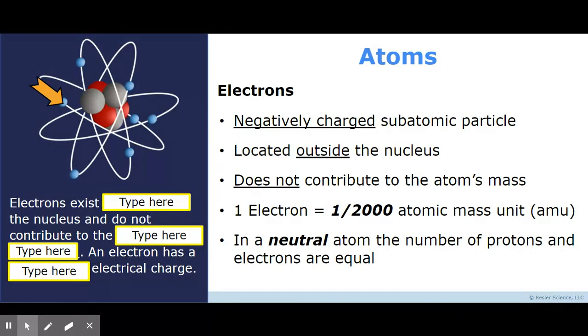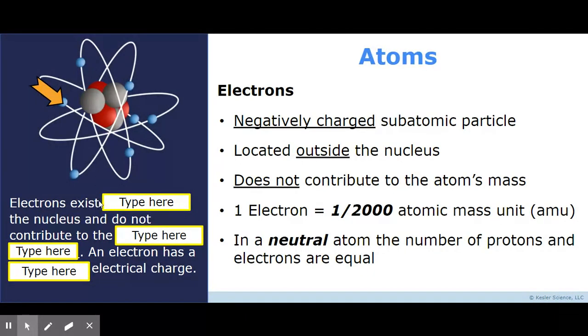Electrons are negatively charged subatomic particles located outside the nucleus. They do not contribute to the atom's mass. 1 electron equals 1/2,000th atomic mass unit, AMU. In a neutral atom, the number of protons and electrons are equal.